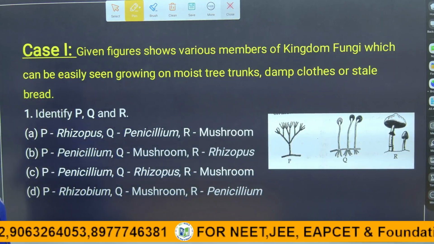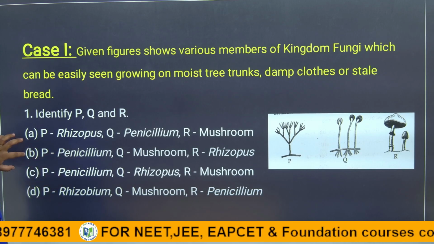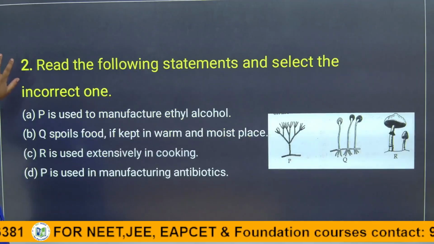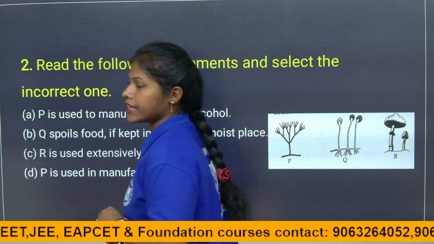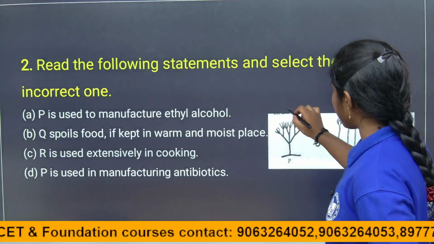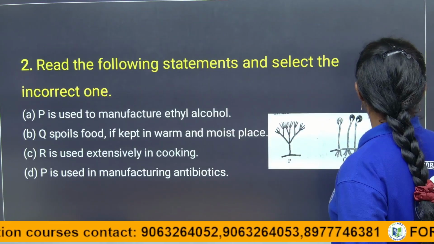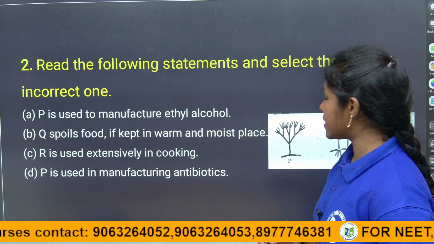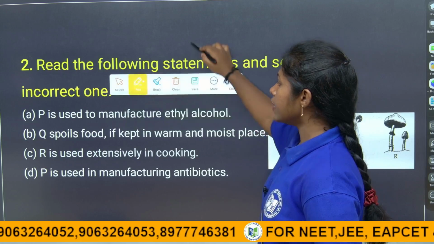Let us see based on this diagram of kingdom fungi, they have given a few more questions, children. Read the following statements and select the correct one. Here P is penicillium, Q is rhizopus and R is mushroom.